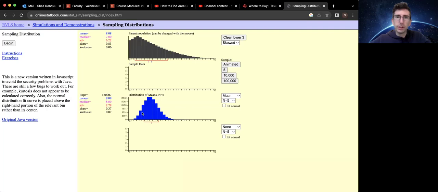And then if you take samples from that population, you take the mean of those samples and you do that many, many times, the more times you do it, the closer and closer you'll get to a normal distribution for that sample statistic. In this case, it's the sample mean. So this is the sampling distribution of the sample mean.